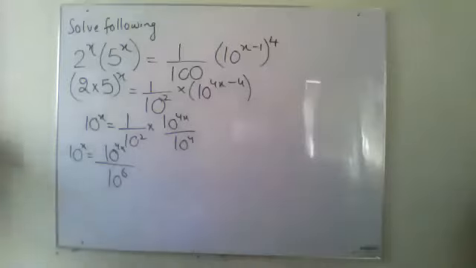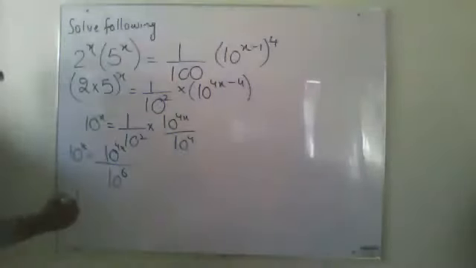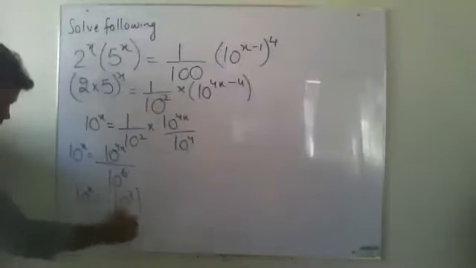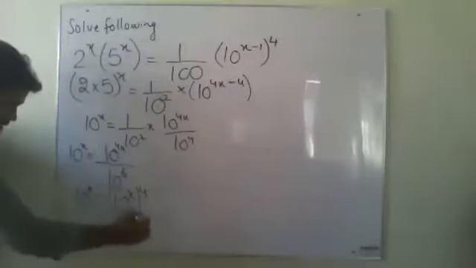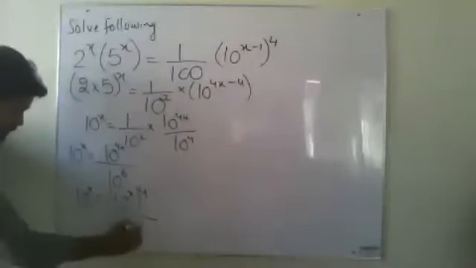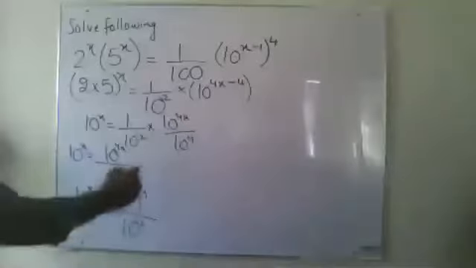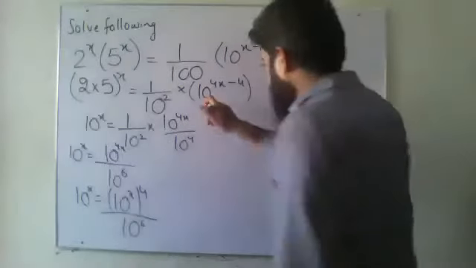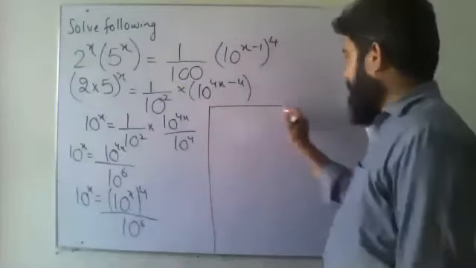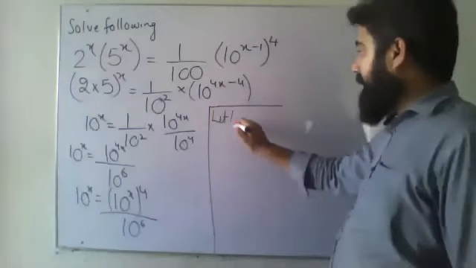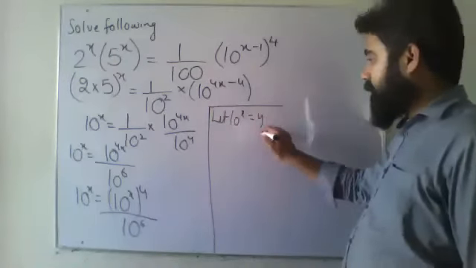Okay. Now, as we are doing substitution method, so that's why I'm going for substitution over here. First of all, I have written this thing like this, which you guys know about it. After that, let 10 to the power x equals to y.